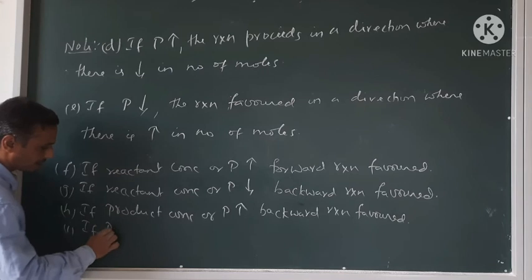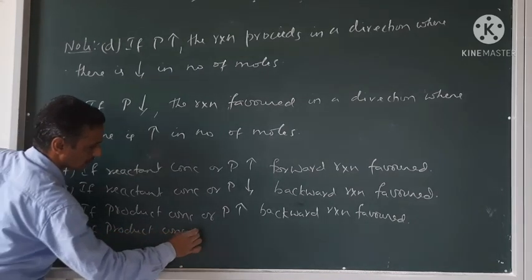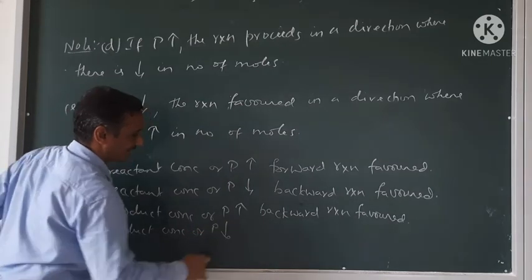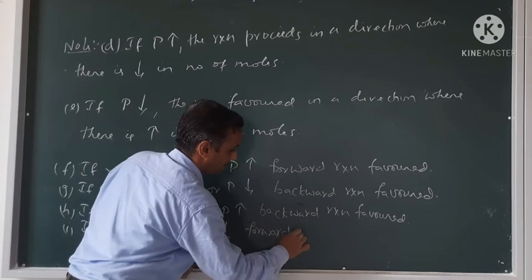If product concentration or pressure increases, the backward reaction is favored. If product concentration or pressure decreases, the forward reaction is favored.